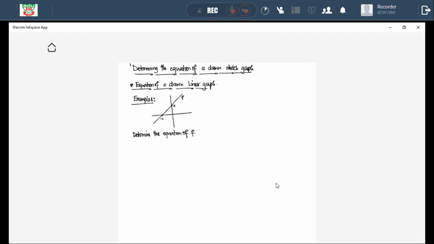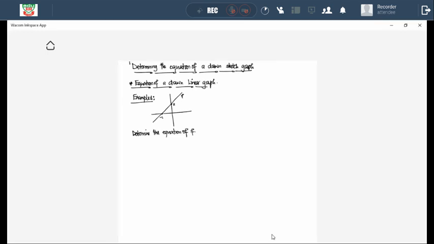There are two basic methods that you can use to come up with the equation of this expression. The first method is what we call the dual intercept method.